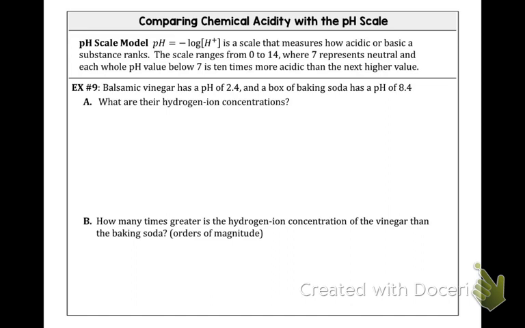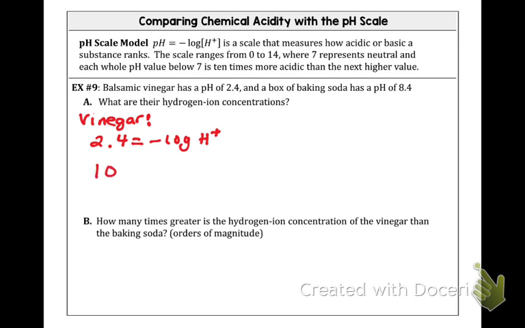So balsamic vinegar has a pH of 2.4, and a box of baking soda has a pH of 8.4. We want to first figure out what the hydrogen ion concentrations are, so that H plus. Let's do vinegar first. Vinegar has a pH of 2.4, which is equal to the negative log of the hydrogen ion concentration.